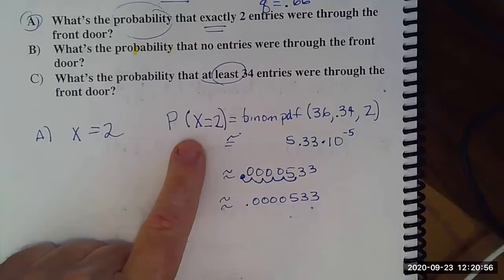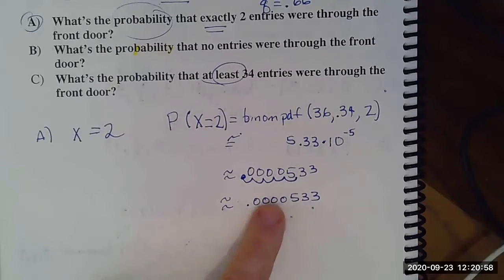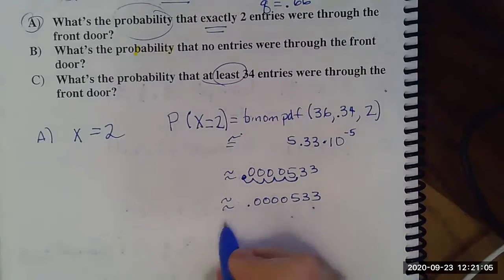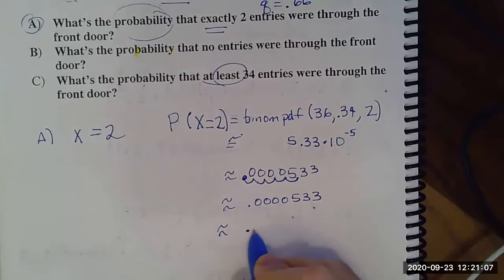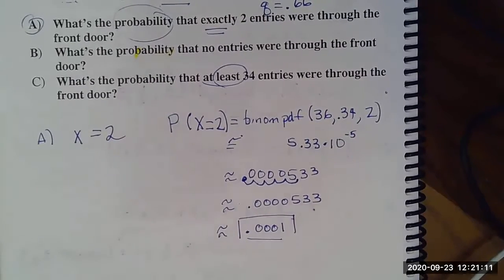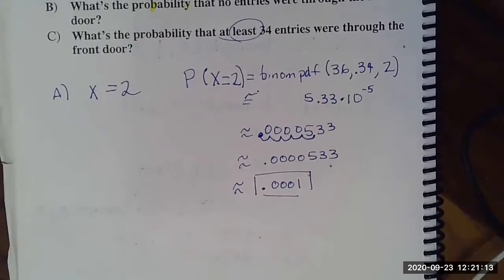For 1, 2, 3, 4, you look next door to the next one. That's a 5 or bigger, so you make that 0 into a 1. Pretty close to 0, but it's 0.0001. That's the best answer for A. On the multiple choice version, you pick the best answer, basically the one that's closest to this.